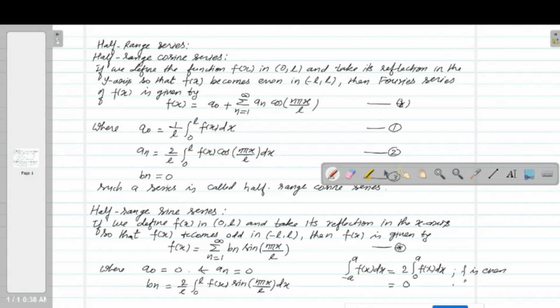This integral value is 0 if f is an odd function.